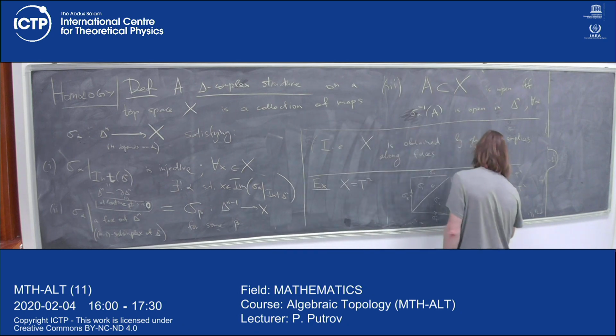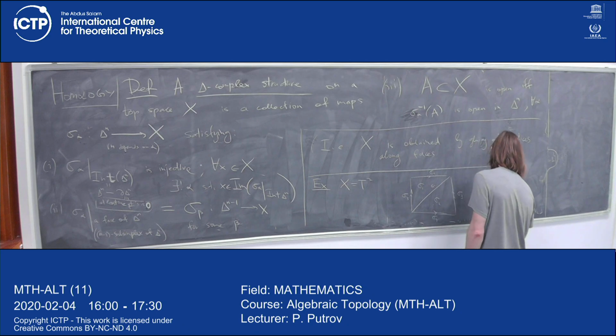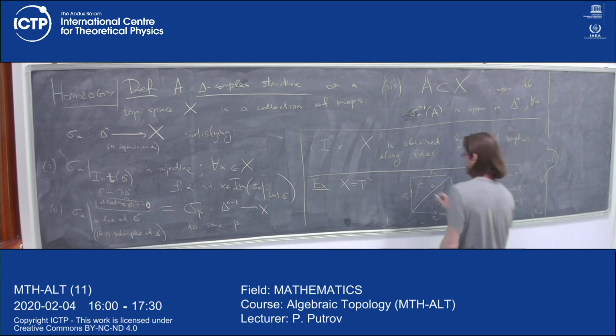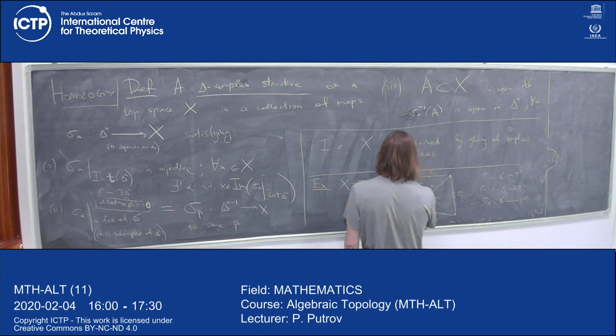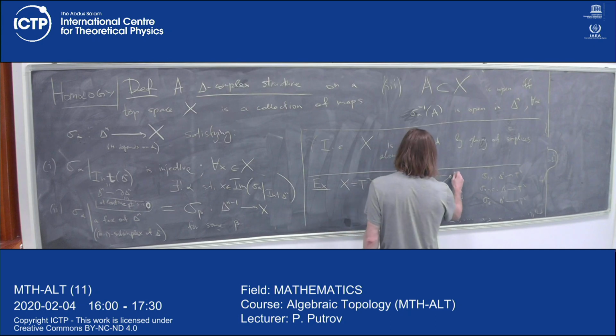And there will be a single map from a 0-simplex, whose image is just this point, which is the same point: sigma 6.